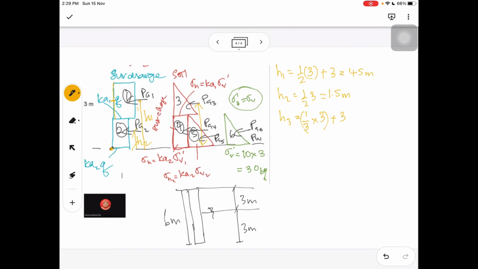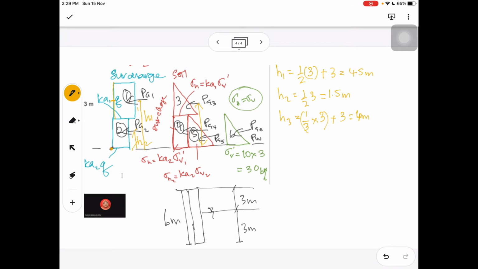We take 1/3 from this triangular, plus this another height. So 1/3 of the 3 meter plus another 3 meter equals 4 meter.